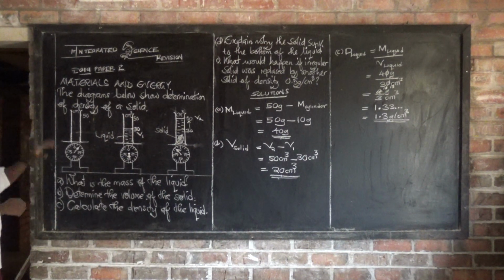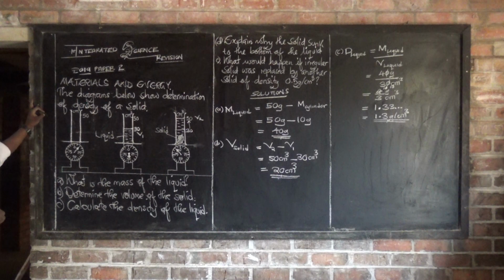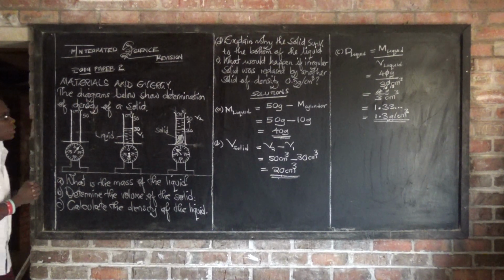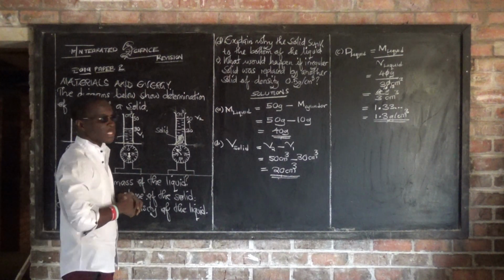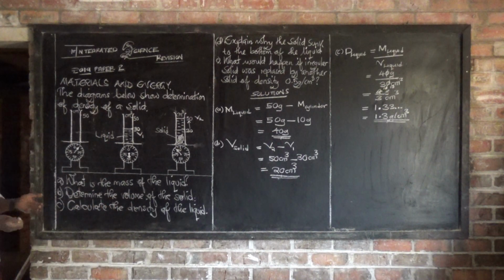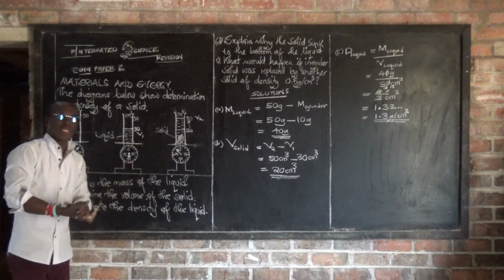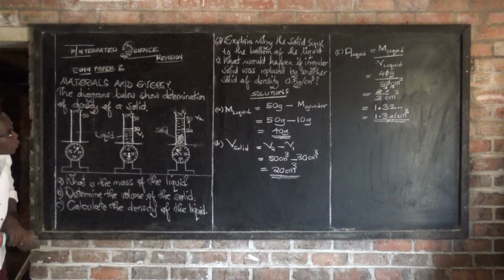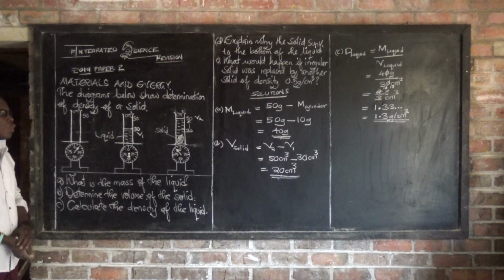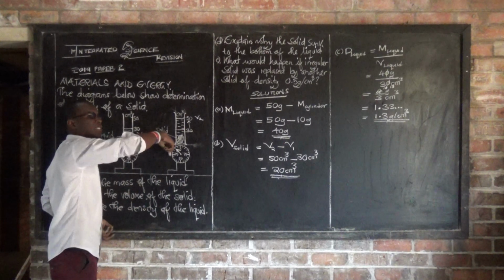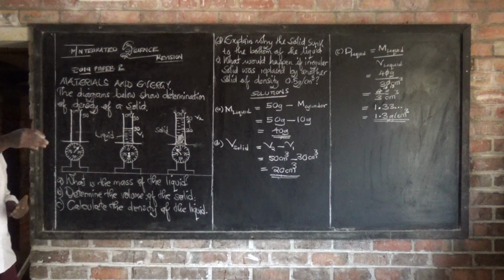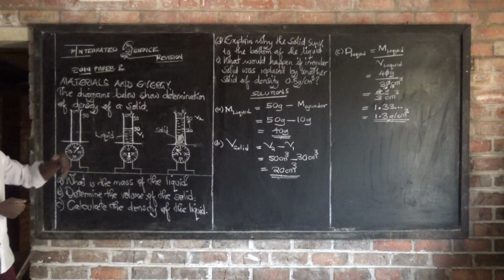Then question D: explain why the solid sank to the bottom of the liquid. What made this solid sink? It's because it has a density which exceeds that of the liquid.